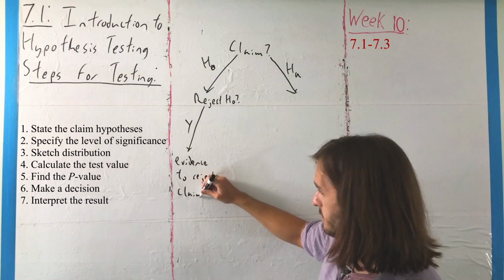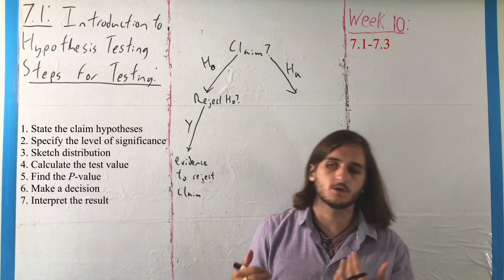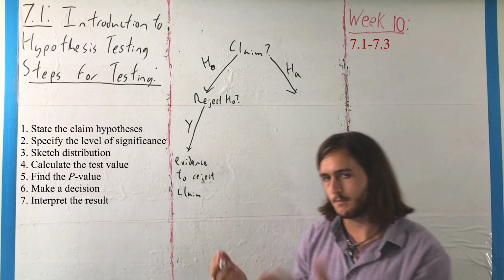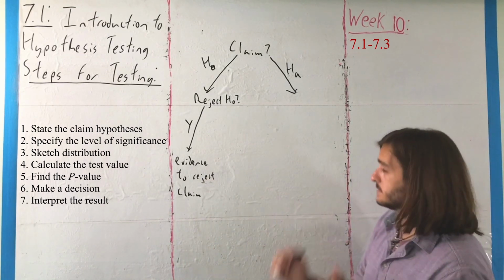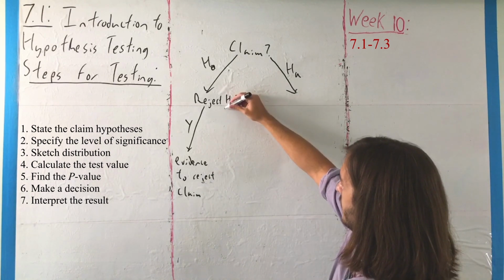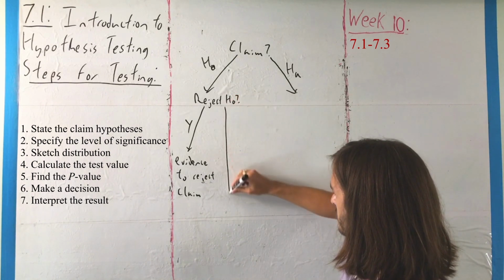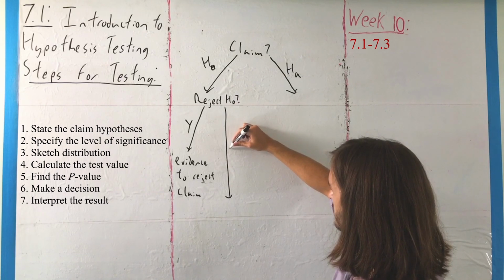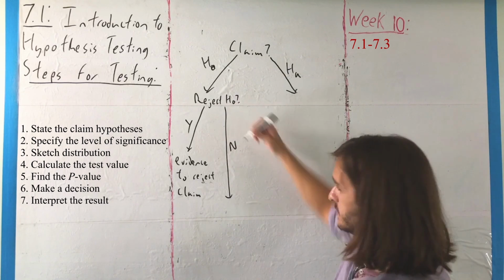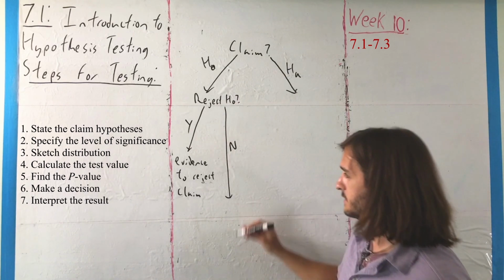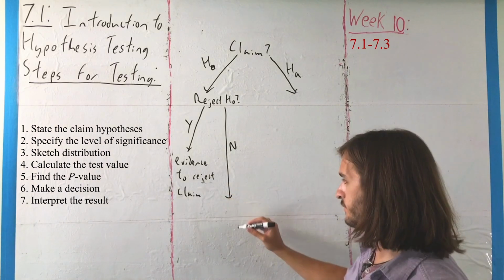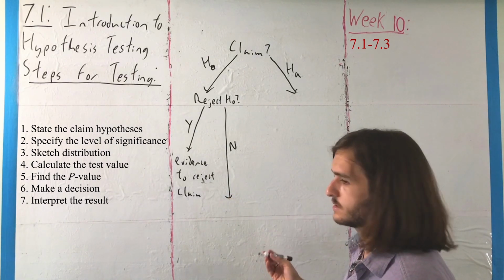the claim. And if you want to be a bit more picky, you could say we have enough evidence to reject the claim at level of significance, blah, blah, blah. On the other hand, if you fail to reject, that is, we do not reject the null hypothesis, then we don't have enough evidence.